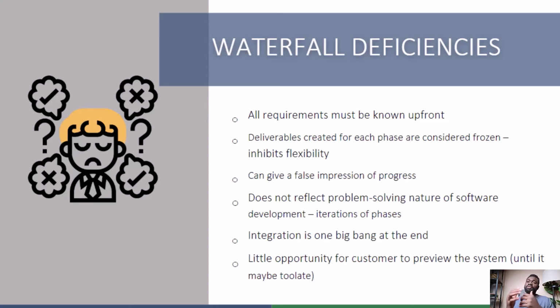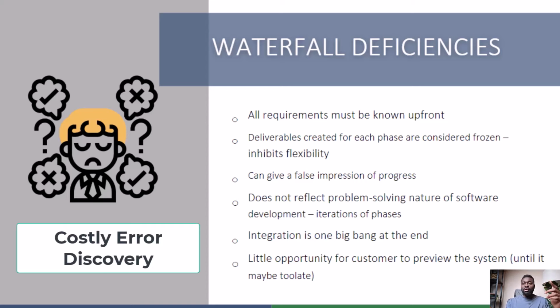Customers or end users are typically involved at the beginning and end of the project, but they have limited interactions during the development phase. This can lead to a lack of feedback and potential mismatch between what was built and what was actually needed.